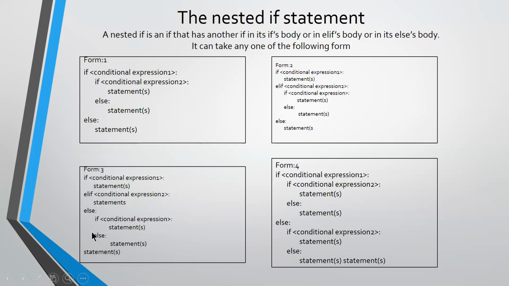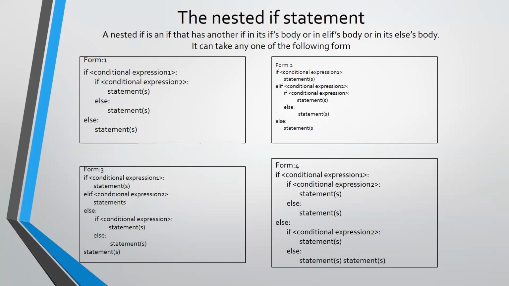There is no restriction actually. Wherever you want and however many ifs you want, you can do that depending on your choice and your program requirement. So you can have if conditions wherever you want. That is the point. So look at this form. Here I'm having conditional expression 1 and then conditional expression 2. That is, here I'm having the if control structure within the if block as well as in the else block.